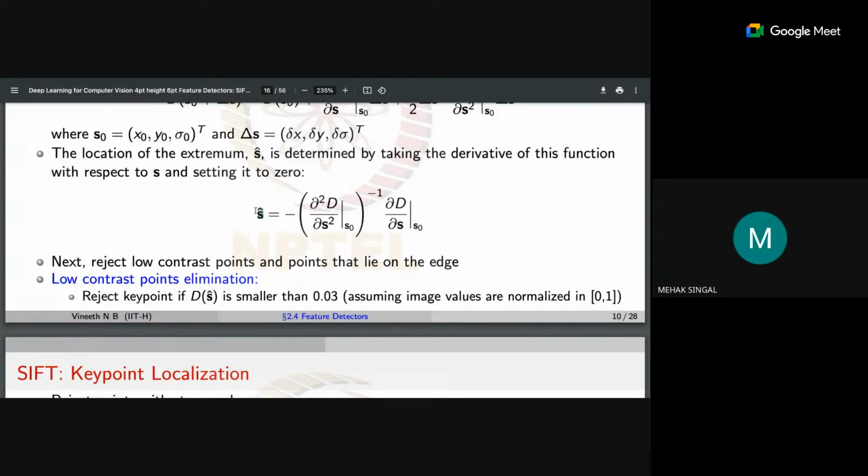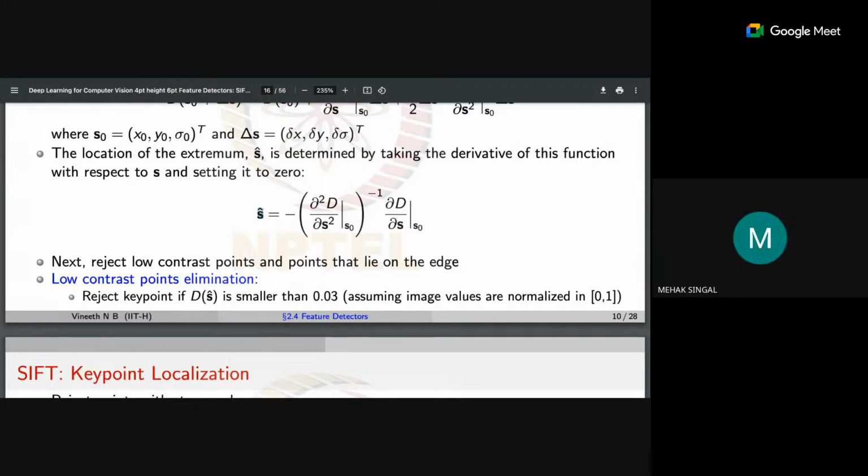You have S hat, right? So when we have S hat, that means we have the maximum value in that output, like maximum pixel value. Can you repeat that? At S hat location, we have the maximum value of the difference. It can be maxima or minima, right? It can be maxima or the minima.